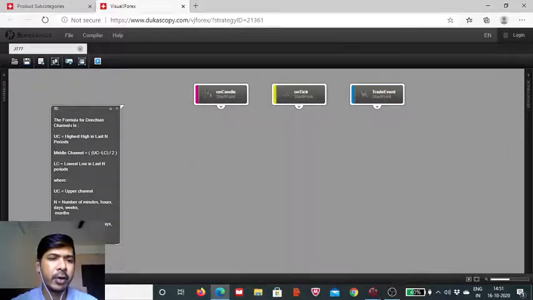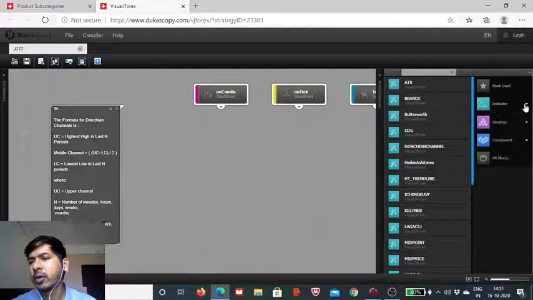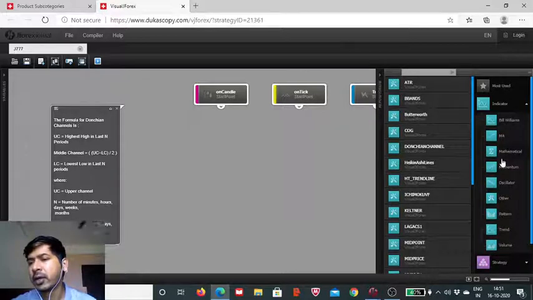Here I have included, for your information, how to calculate these channels: the upper band, the middle band and the lower band. And this is how the channel is defined with the help of these three price bands. Now let us include the Donchian channel. It is listed under the other indicator.